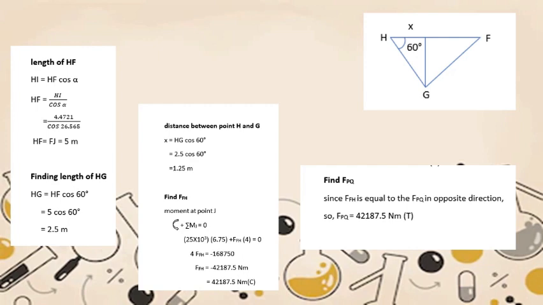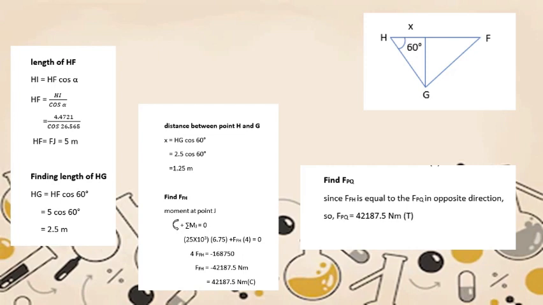The first force is 25 times 10 power of 3, the force given in the diagram, times the perpendicular distance 6.75, plus the force of FH times the perpendicular distance 4 is equal to 0.